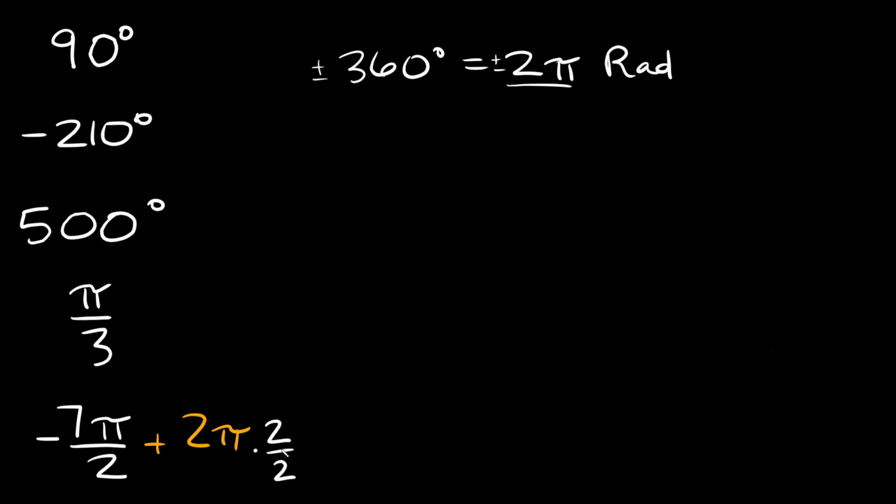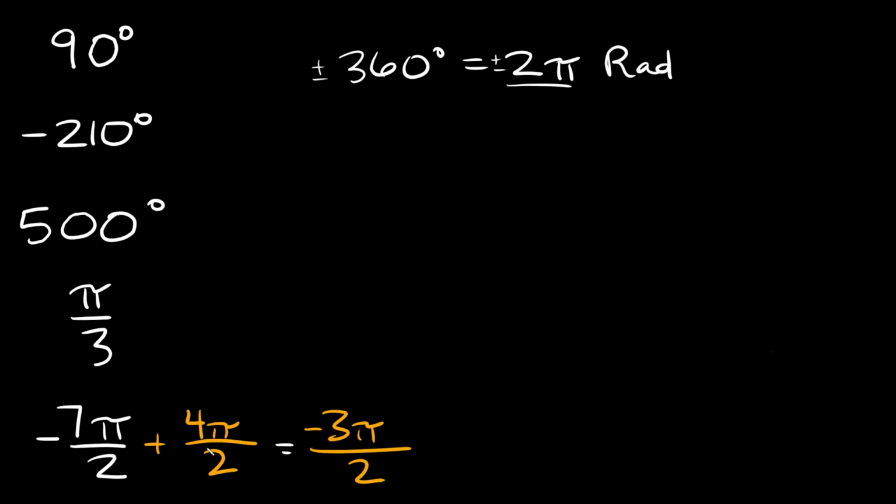So on top, 2 pi times 2 is equal to 4 pi, and on the bottom, we simply have 2, right? So 2 pi, in this case, as an equivalent fraction, would be 4 pi over 2. Okay, so let's move that right there, and now we can add these together, right? So on top, negative 7 plus 4 is equal to negative 3 pi, and on the bottom, we just have a 2, all right?